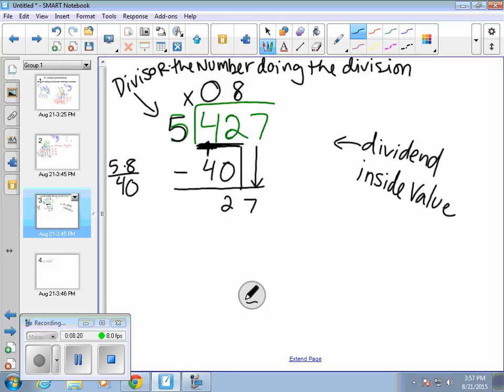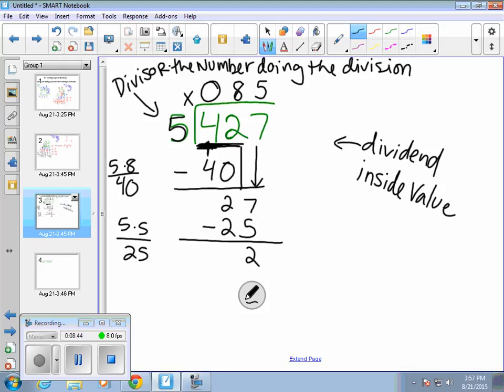I know that 5 goes into 27 5 times because 5 times 5 is 25. So I'm going to put a 5 above that place value that we're working in and say 5 times 5, and I'm lining it up. I subtract, and that's again going to give me 2.